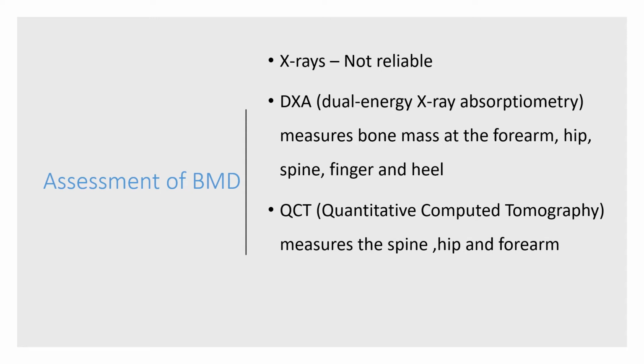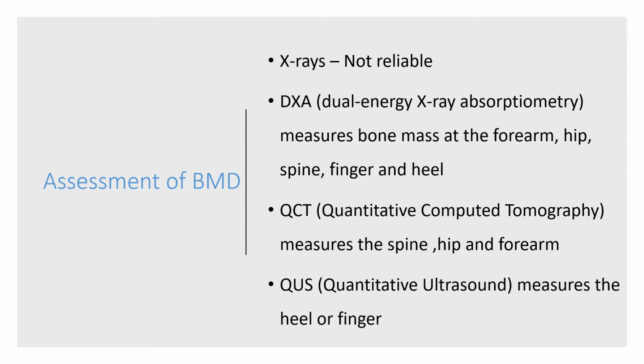Apart from that, you can also use computed tomography or CT to do the quantitative CT, which measures the amount of bone at the spine, hip and forearm and reliably indicates whether the patient is having osteoporosis or not. Another thing that is commonly used is quantitative ultrasound, and you might have seen the pharmaceutical people who have their stalls in malls or in public places, and they offer to check your serum calcium and bone health.